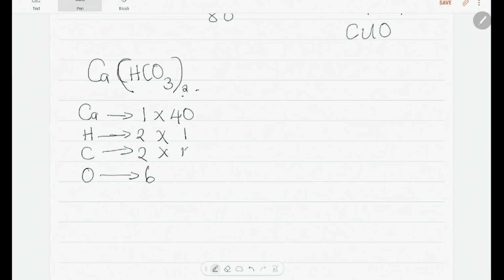When you multiply this, you get 40 here. There you are going to get 2. Here you are going to get 24. Then here you are going to get 96, if I'm not mistaken. That is 6 multiplied by 16. That will give us 96.